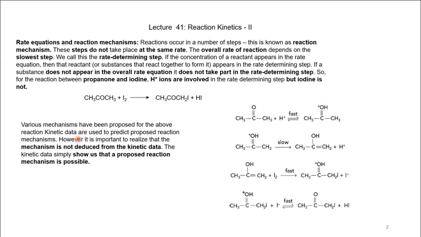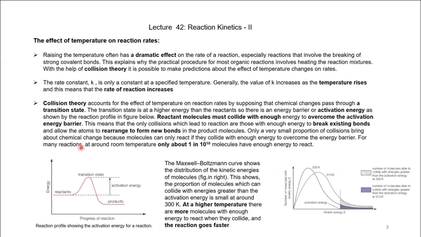Okay, the next slides. Here we are talking about the effect of temperature on reaction rates. When we consider organic reactions, we see that many organic reactions involve the reaction mixtures being heated. If we don't heat, we do not get product.